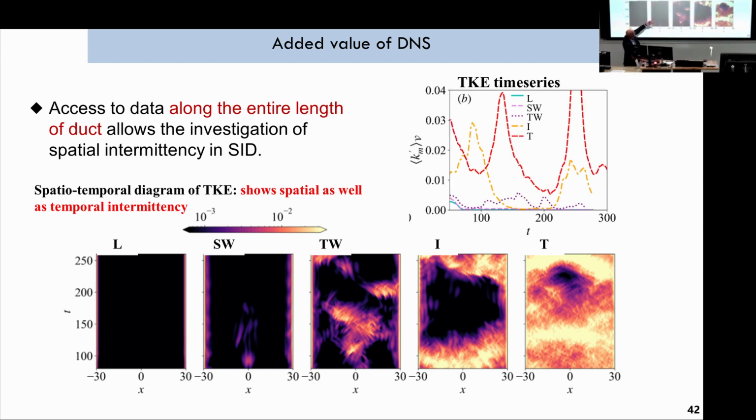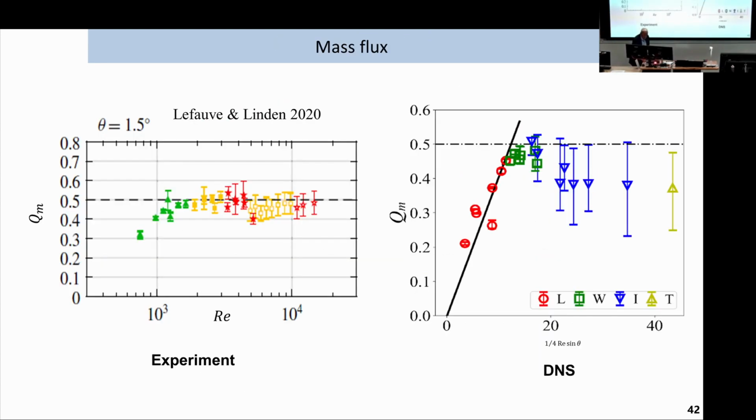And we can look at time series along the whole duct of the kinetic energy, for example. But more interesting, I think, is we can look at what happens to controlling the system. So one of the things I said when we did our very early experiments is that the flux through the system, the amount of exchange, is limited by this hydraulic control, that the system can't go faster on average than a certain limit.